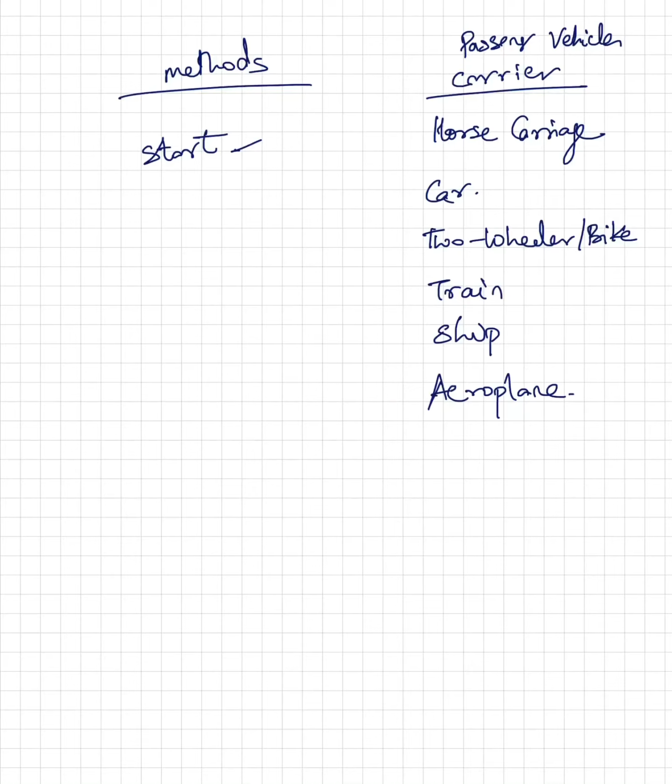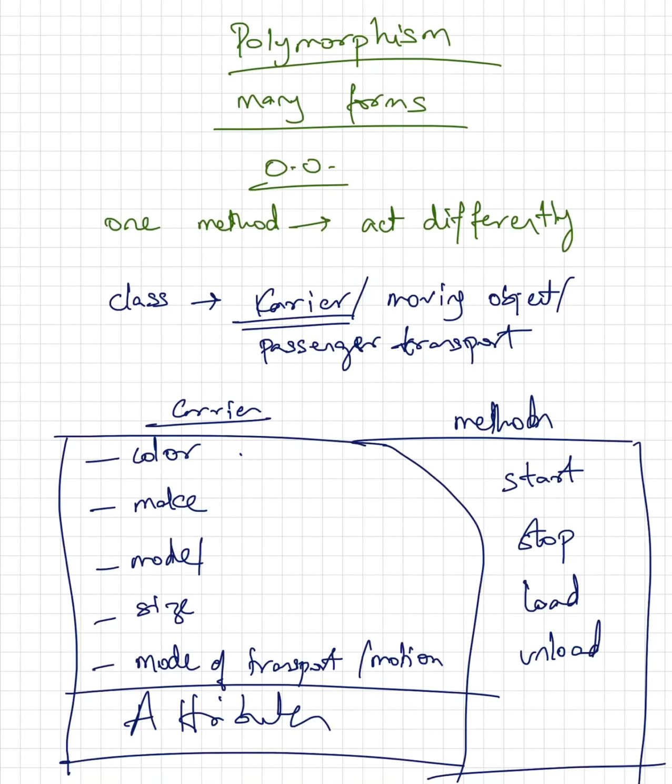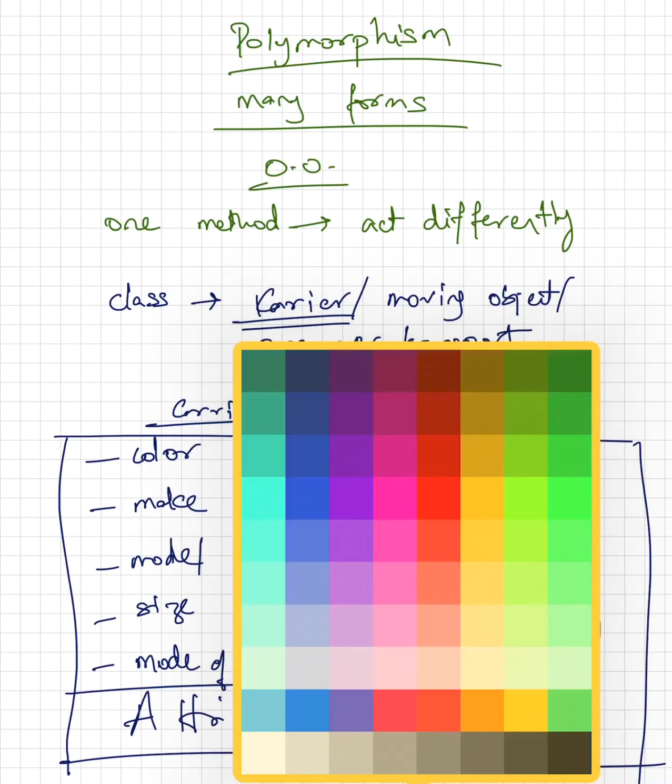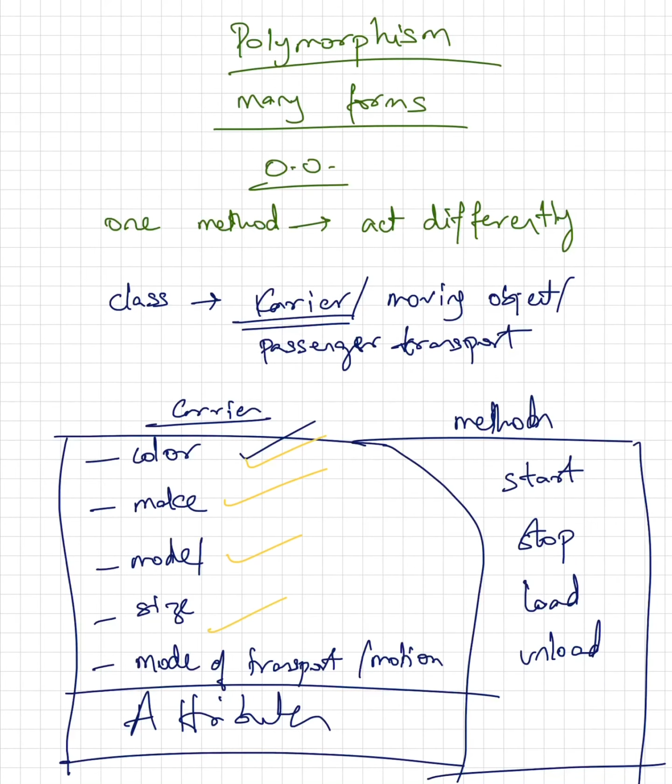So all these fall under the category of carrier because they can basically move objects from one place to another, and they have certain attributes as we already discussed: color, make, model, size, and mode of transport.